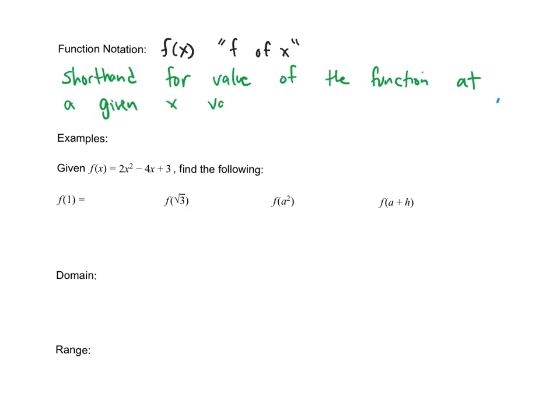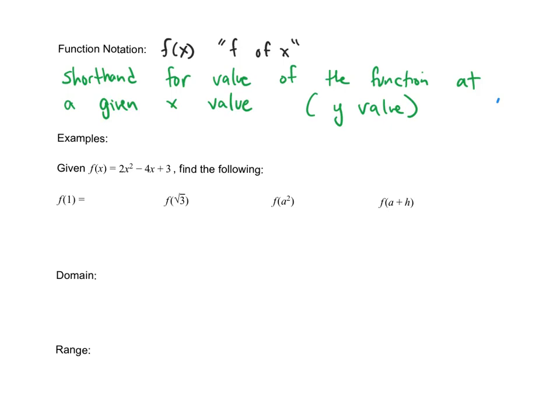We can also say it's pretty much the y value if you're given an x value. So if you have a relation with x and y ordered pairs, the y value is the function notation for a given x.